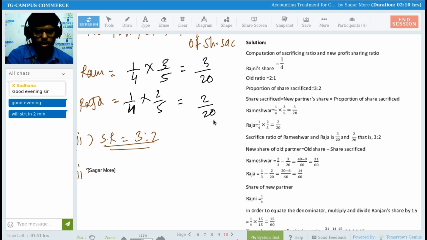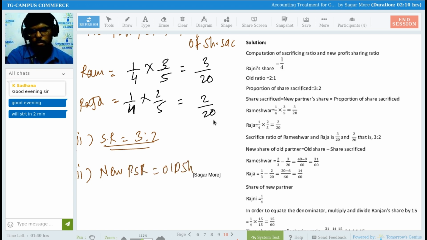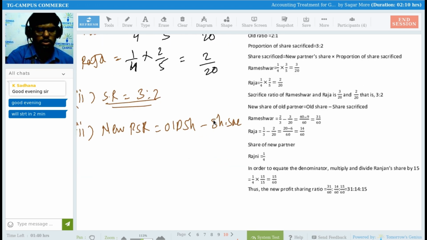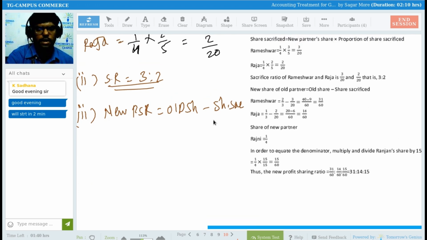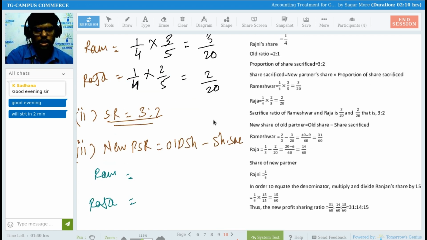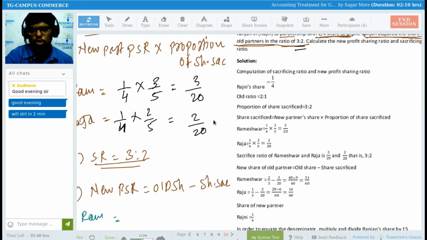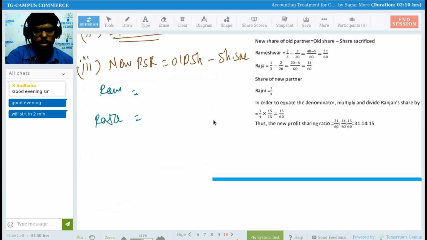Third thing, sir. Now we have to calculate the new profit sharing ratio. Formula: old share minus share sacrifice. We have to do it for Ram and Raja. So what was the old share of Ram and Raja? 2:1, so 2 by 3 and 1 by 3.